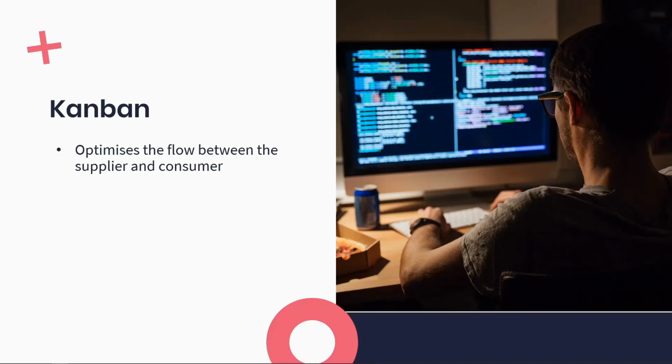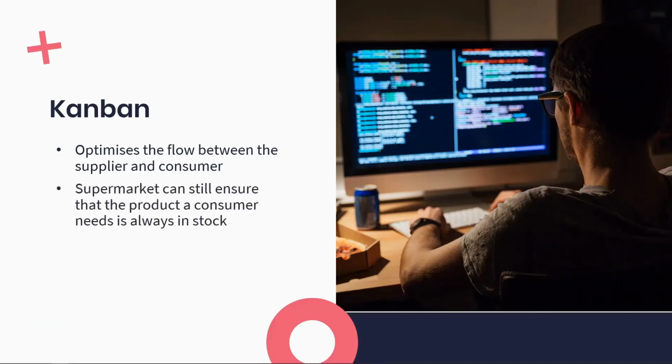Because inventory levels match consumption patterns, the supermarket gains significant efficiency in inventory management by decreasing the amount of excess stock it must hold at any given time. Meanwhile, the supermarket can still ensure that the given product a consumer needs is always in stock.